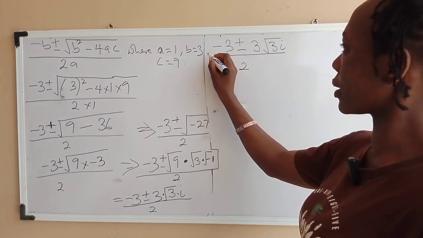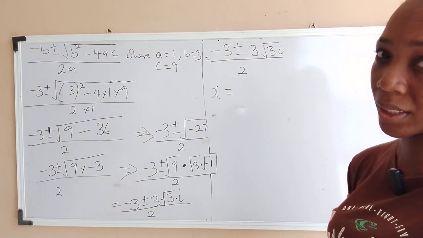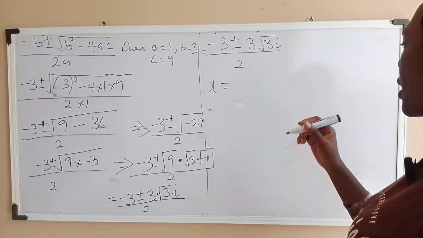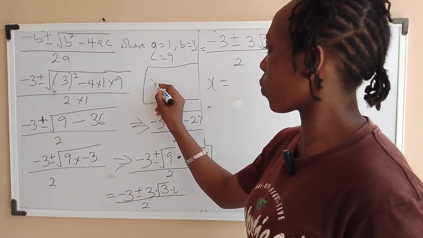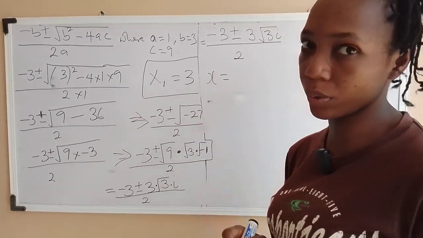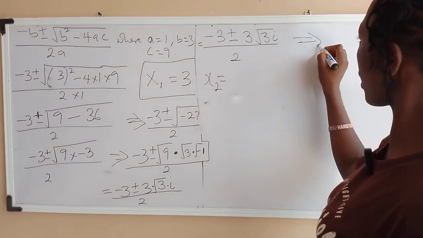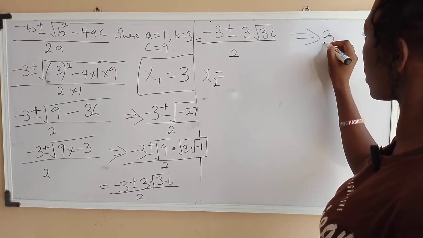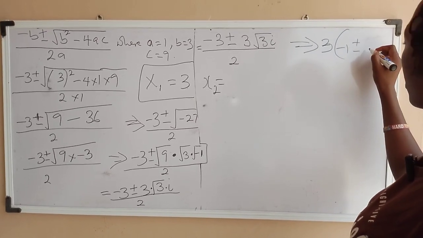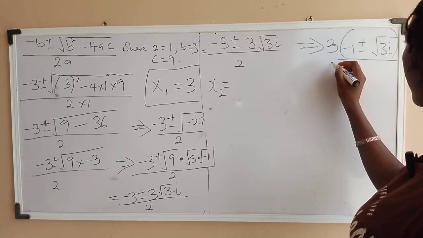So to split this, remember we had already a value for x. That's the very first value, so we regard it as x1, which is 3 we got. So this will now be x2. So splitting this, we're going to factor out 3. 3 is common here, so we have minus 1 plus or minus root 3i all over 2.